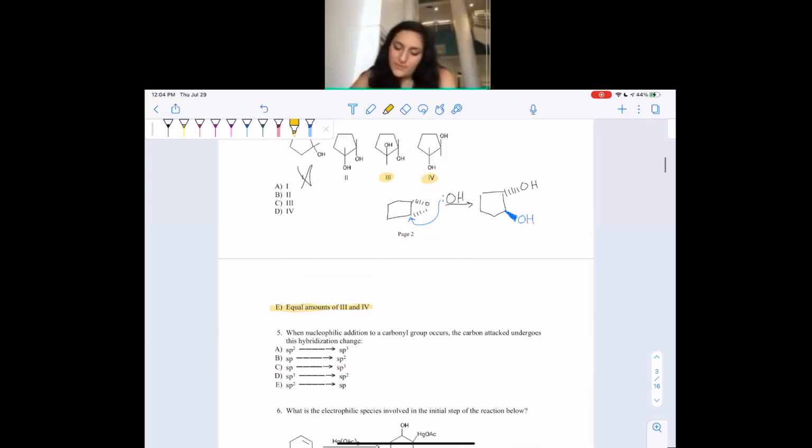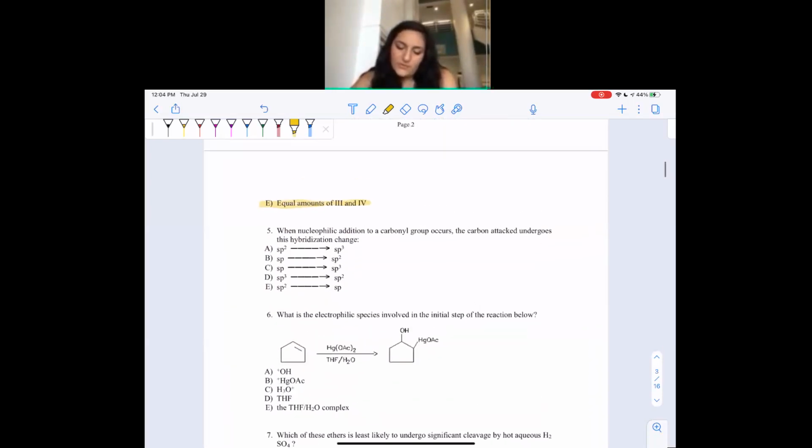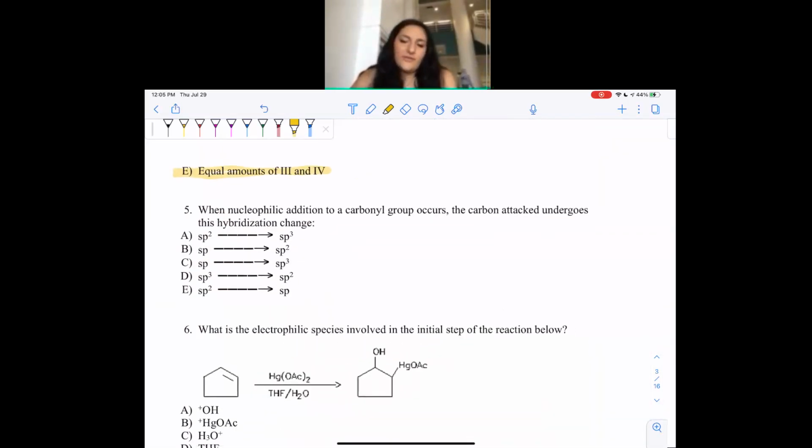So, when a nucleophilic addition to the carbonyl group occurs, the carbon attacked undergoes a hybridization change. This is a fancy way of saying if we have a carbonyl and a nucleophile attacks it, what happens to the hybridization?